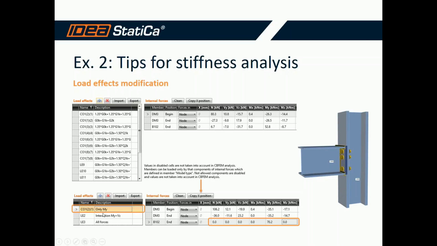In the second will be bending moment My with the corresponding shear force Z, and in the third load effect will be all other original forces like the imported one. Let's calculate the stiffness analysis only for these three load effects. It will save your time.